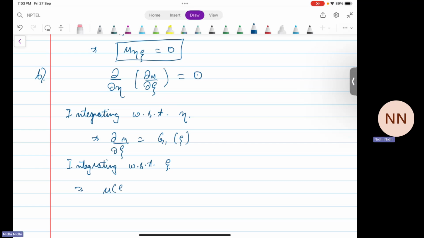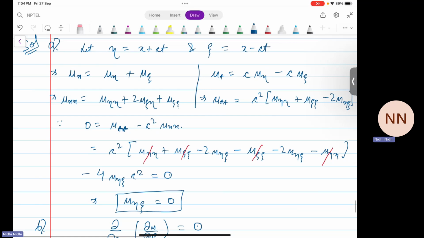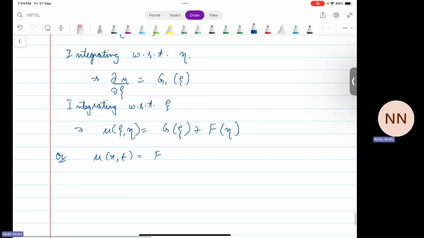So u is equal to g of zeta plus some function f of eta, or writing it in terms of equivalent x and t, we have f of x plus ct plus g of x minus ct.